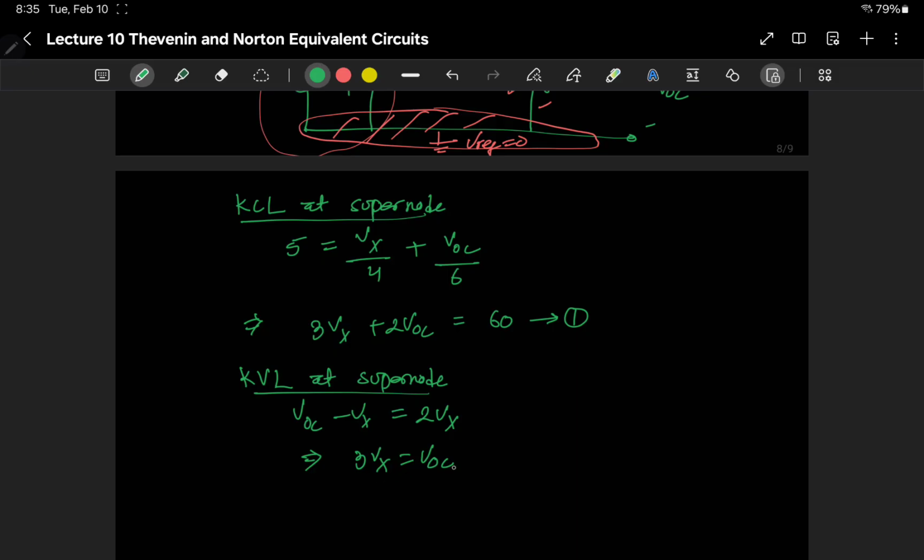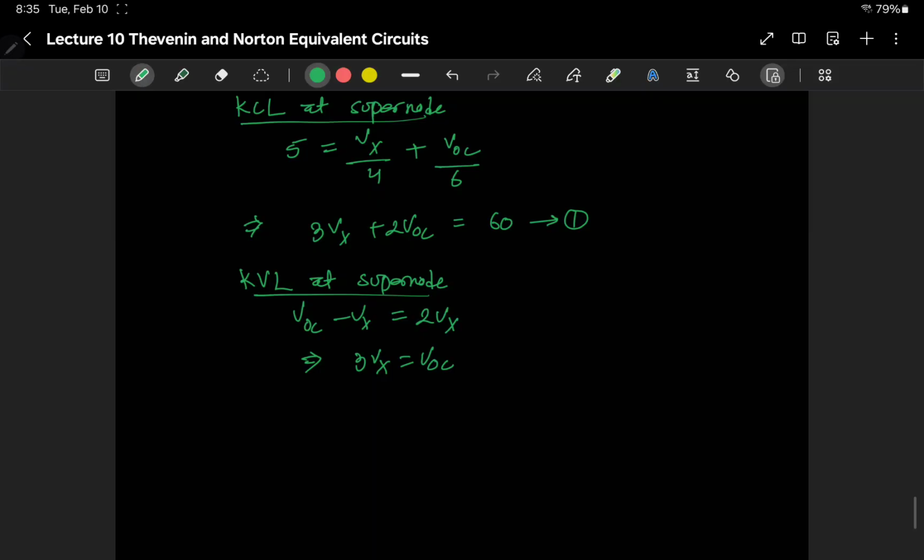And if we put 3Vx equal to VOC in this equation here, we will get VOC plus 2VOC is equal to 60, or basically solving 1 and 2 we get 3VOC is equal to 60. Therefore VOC is equal to 20 volts, and then Vx will be VOC divided by 3, so 20 divided by 3 volts.